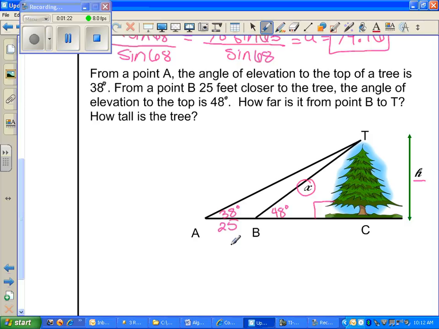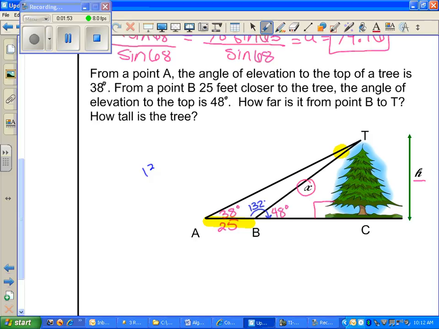Also in the law of sines, I require to have the angle and the side that are opposite from each other in order to work that problem. So since this is 25 for AB, I really need to know up here that acute angle up at angle T. In order to get that, these two right here on the bottom make 180. So 180 minus 48 would be 132.